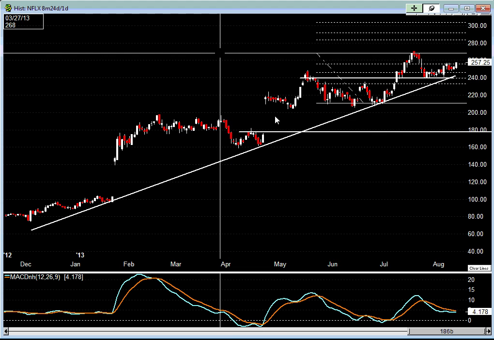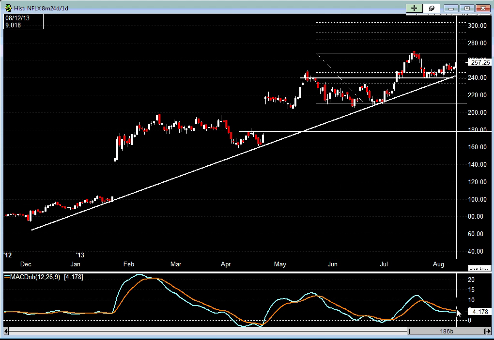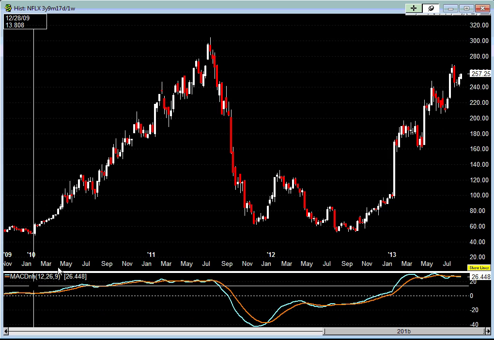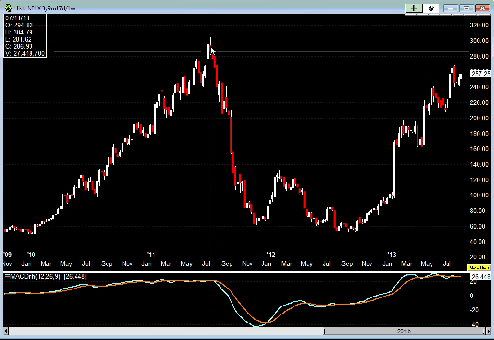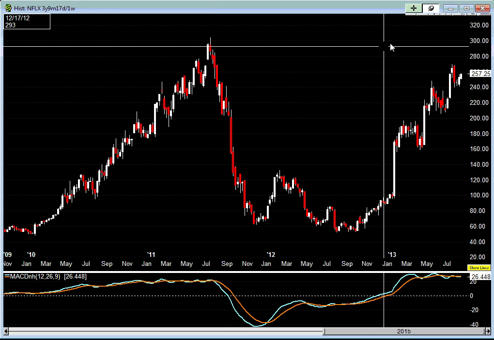Netflix is kind of interesting as well. If we first go to the weekly chart here, you can see this all-time high on Netflix. It's somewhere around 304.79, so let's just call it 305.